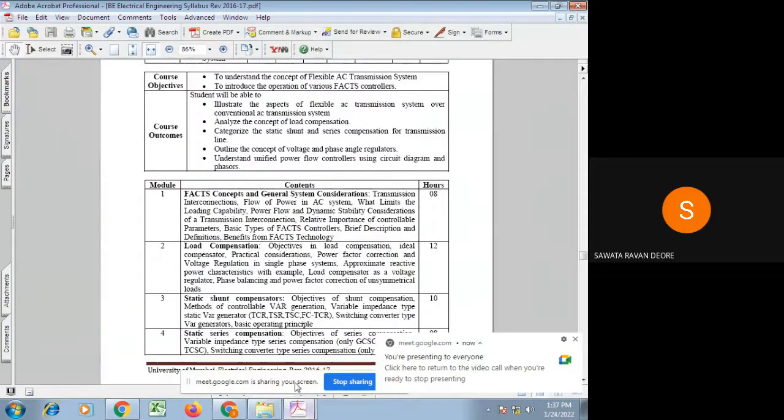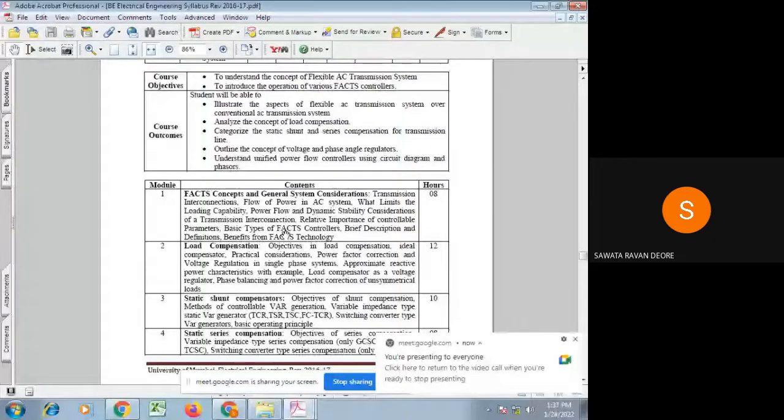Okay, so in the last lecture, we discussed the power flow and dynamic stability consideration of an interconnected transmission system.